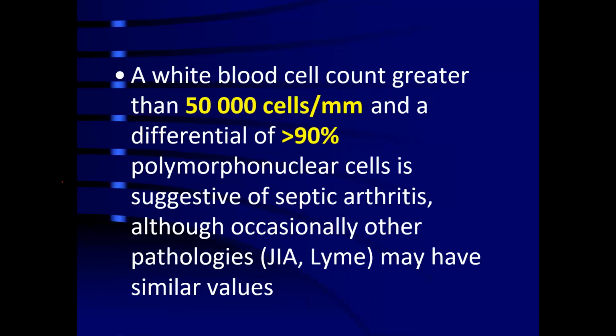A white blood count greater than 50,000 cells per cubic millimeter and a neutrophilia of 90% is suggestive of septic arthritis, although occasionally other pathologies can give it. Juvenile idiopathic arthritis and Lyme's disease have similar values.